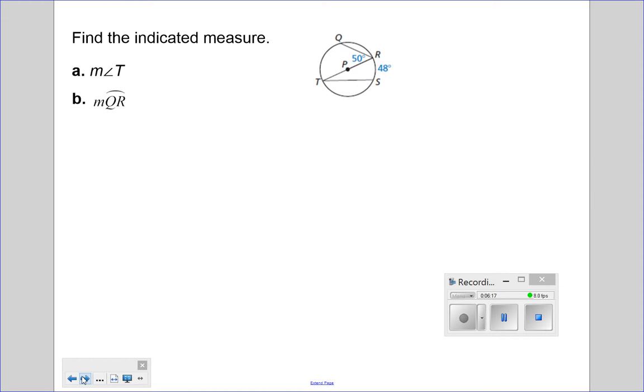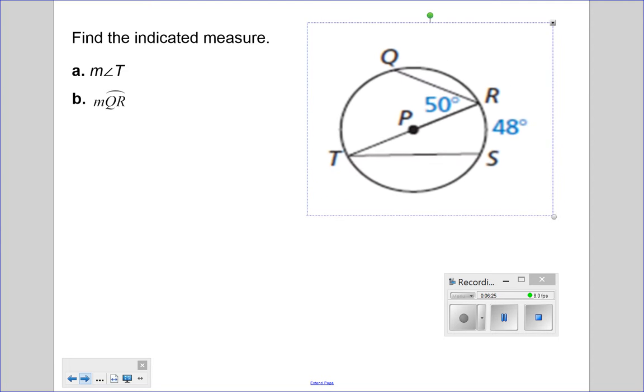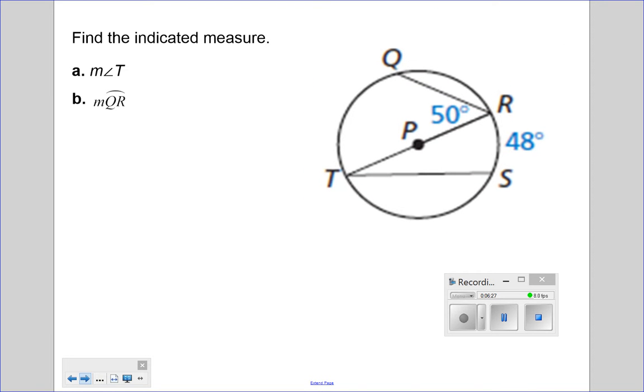First example. We need to find the indicated measure in this circle P. So we need to find the measure of angle T and the measure of arc QR.